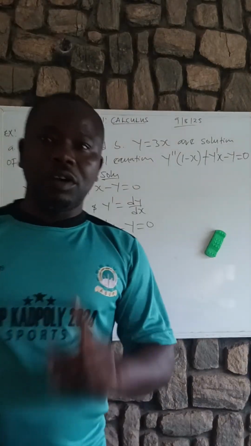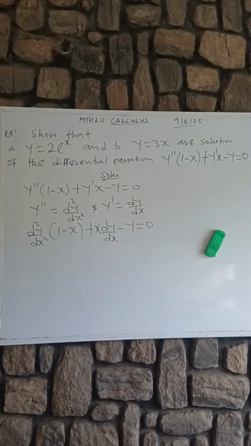I'll give you 1 mark. Tell me the name of the differential equation. The first 2 persons, 1 mark. Look at the board. I give you only 2 minutes.